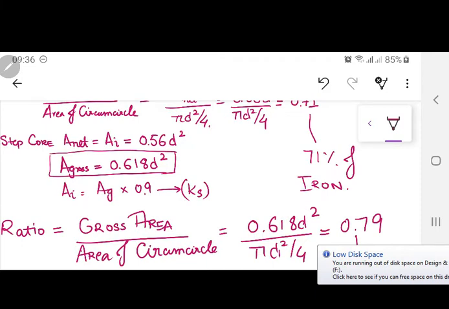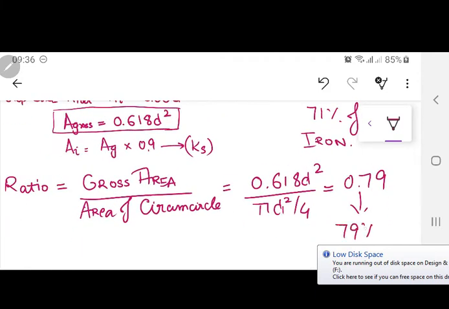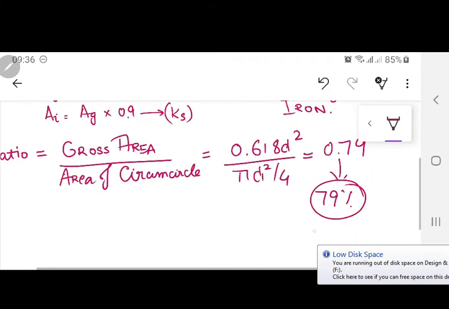So this is telling you that 79% of the circle is actually material.